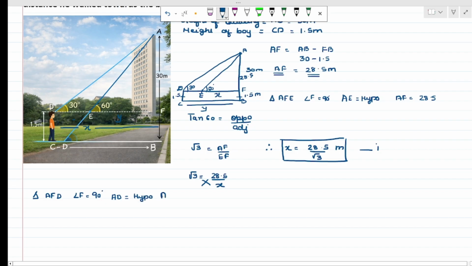AF is equals to 28.5, and the base of my triangle is again DF, because these both are becoming parallel lines. So if you are taking CD as Y, your DF will also be equals to Y.